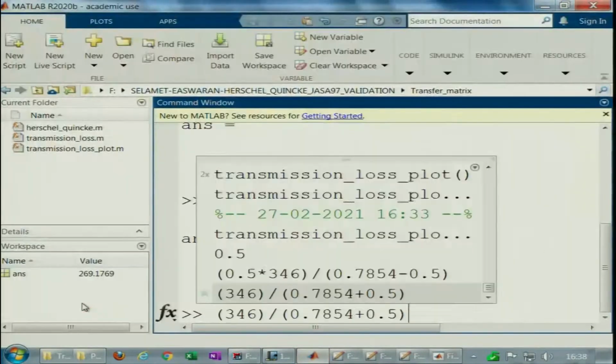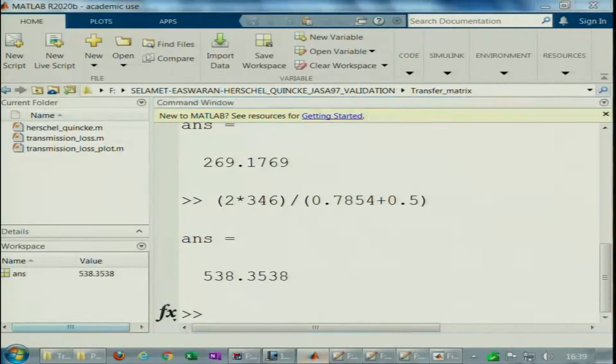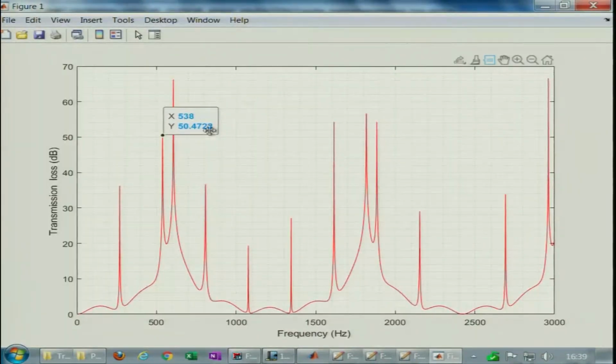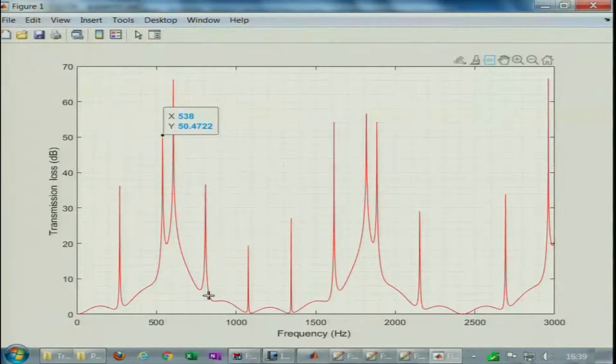If you just multiply the numerator by 2, you get 538. Like this we can completely cover the entire thing. Now, we can figure out why these peaks are occurring wherever they are occurring. Another way to compute this is using a connectivity matrix approach.